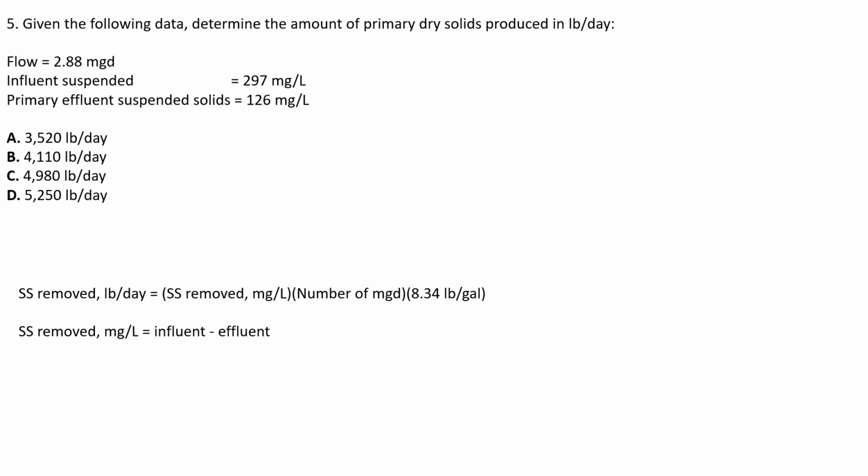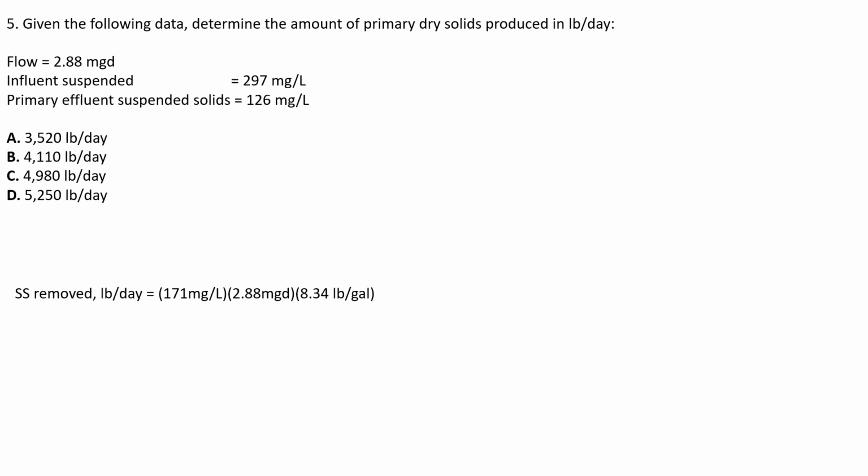To find the suspended solids removed milligrams per liter, we're going to take the influent minus the effluent. So you had 297 milligrams per liter in the influent minus the primary effluent suspended solids of 126 milligrams per liter. You do your subtraction and you get an answer of 171 milligrams per liter removed. So we can plug this into the formula.